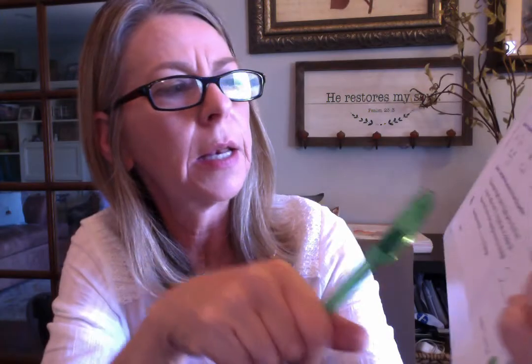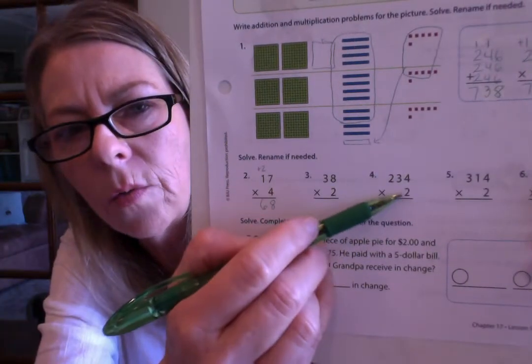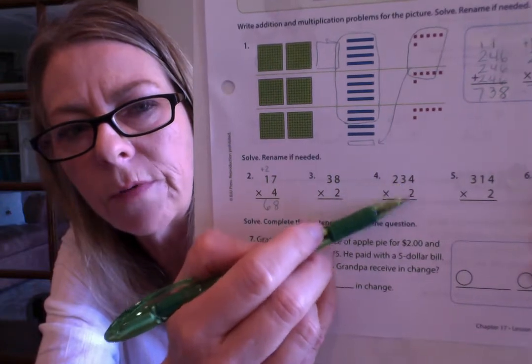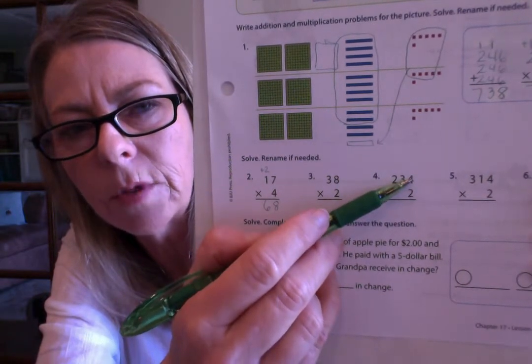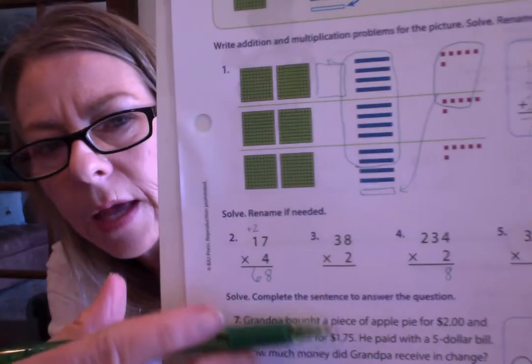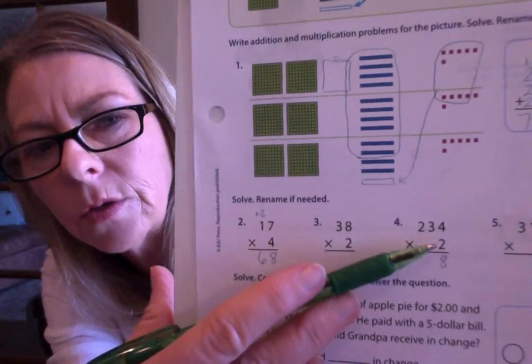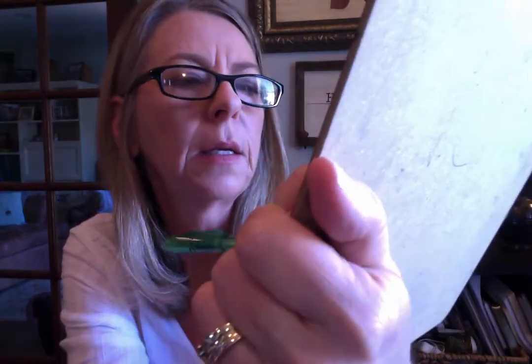Okay, let's check on number 4. We have 2 times 234, so start with your multiplier, multiply your ones. 2 times 4 equals 8, and nothing to rename, right? Okay, so now we take our multiplier, and we multiply by our tens. 2 times 3 is 6.